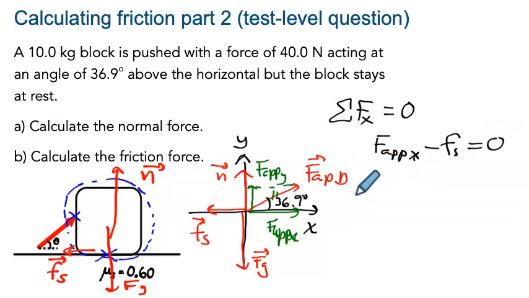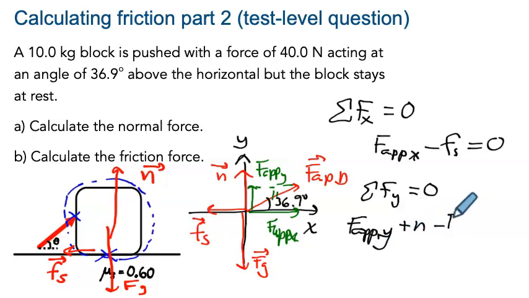Same thing for the y-axis, so the sum of force on the y-axis is equal to 0 as well. On the y-axis, we have positive the y component of the applied force and the normal. So we will have F applied y plus the normal minus Fg equal to 0.